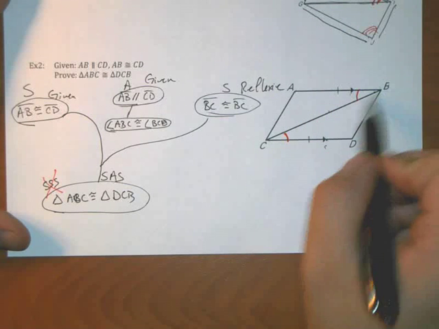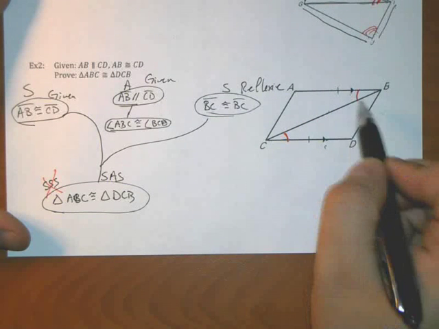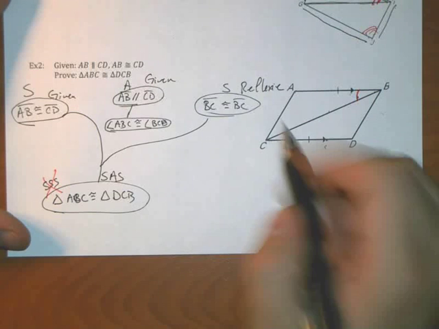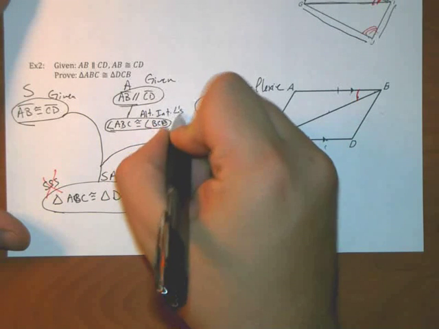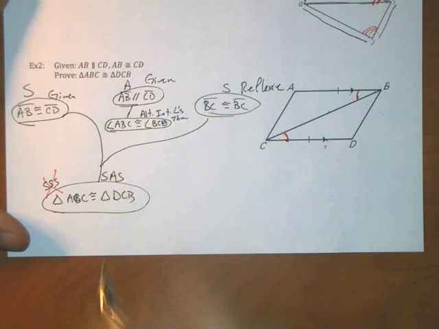Why is that? Why are they congruent? Because if lines are parallel, then alternate interior angles are congruent. That was the alternate interior angles again.